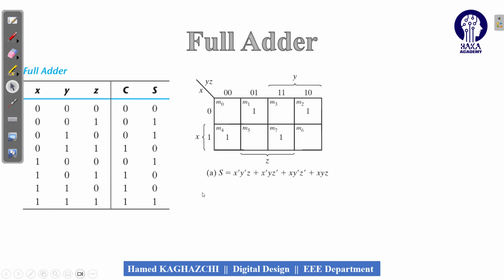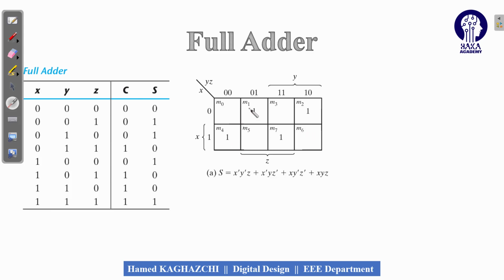If we draw the Karnaugh map of the 3 variables for S, we can find the Boolean function. How? Everywhere we have 1, write the corresponding minterm as 1 into the Karnaugh map. These are minterms 1, 2, 4, 7. You can see that 1, 2, 4, 7.